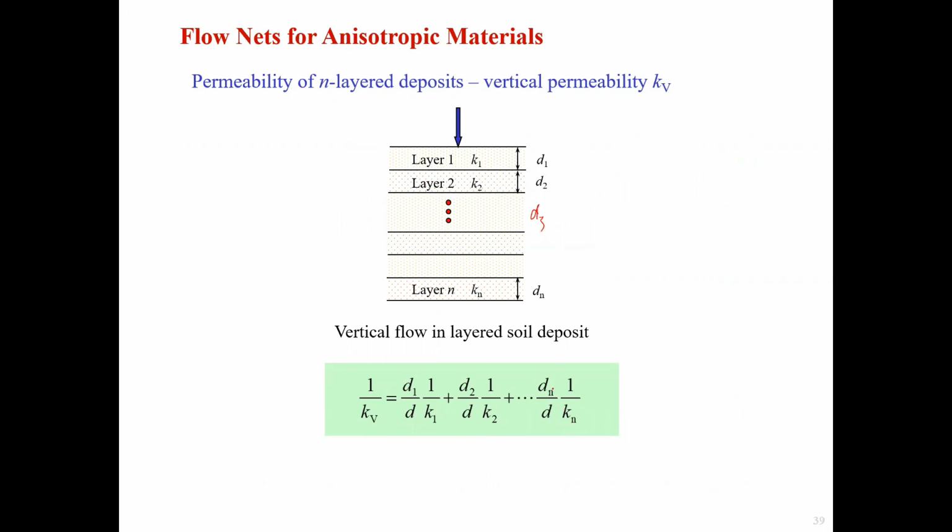If it's a 3-layer system, we just make n equal to 3. For this formula, we just add a term or remove a term. So in conclusion, this KV will be the weighted harmonic average of the permeability of the whole layer system. So those are the two formulas, one for KH and one for KV, for a multiple-layer system.